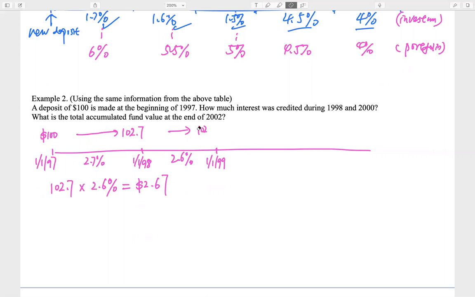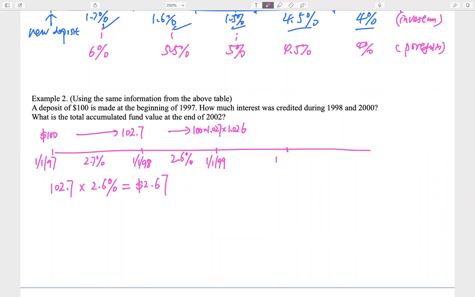Okay. Of course, I know by the end of the second year, well, let's write this. Right. So this is how much I will be getting by the end of 1998. What's next? I also want to know what would be the interest I shall earn in the year of 2000.